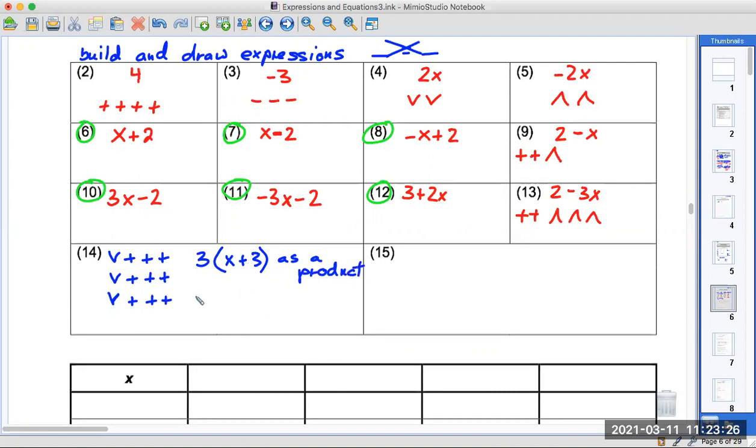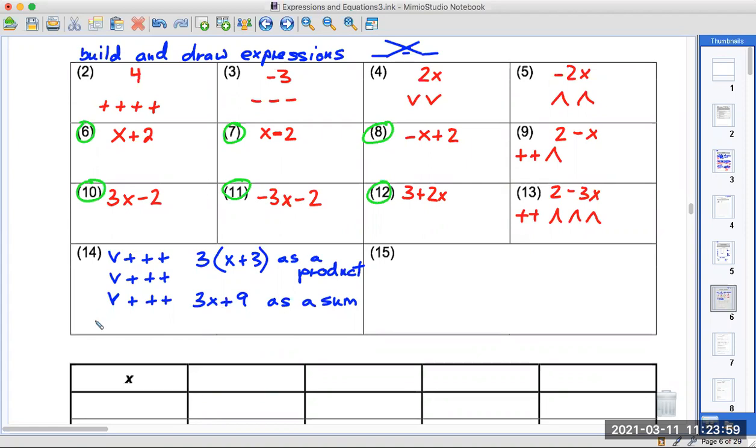And then when you write it without it, you have 3 simple x's and then 9, correct? 9 pluses, and that's as a sum. Because you have that plus or minus. Minus and plus are both sums. Because remember, you're adding. Anytime you add, it always comes back to adding. So then you need to write it as distributive property.